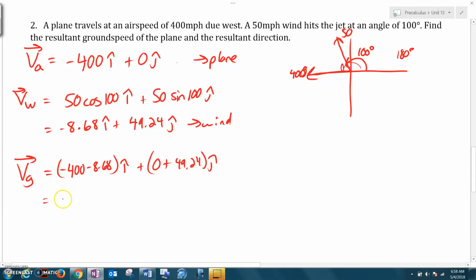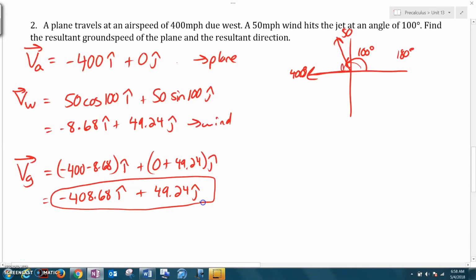So our resultant vector is negative 408.68 i plus 49.24 j. Okay, so that's the ground speed vector, but now we need to find the actual speed and the resultant direction.